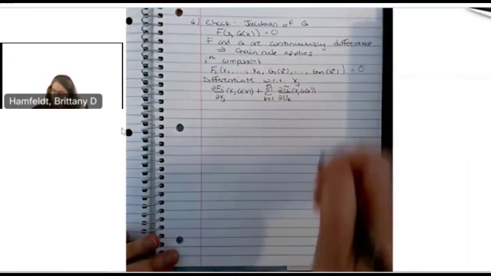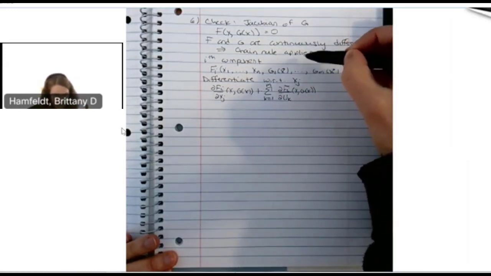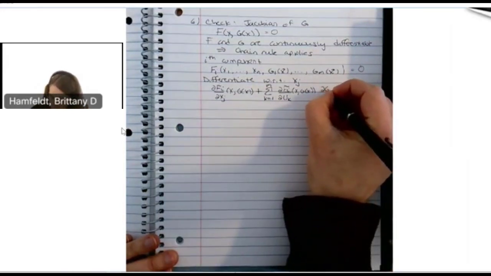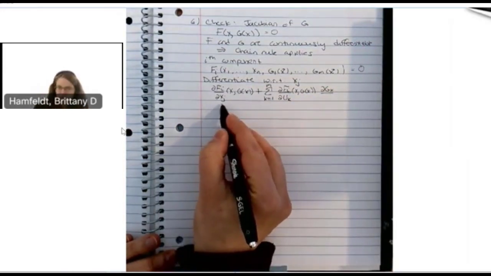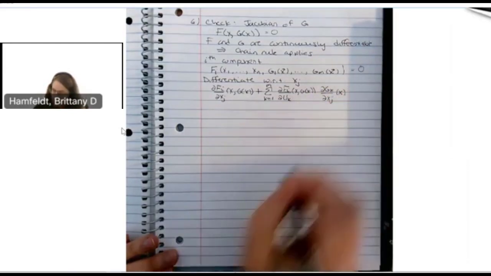And then the chain rule says, now I take the partial derivative of the kth component of g with respect to the variable I actually care about here, xj. Okay, so that is the partial derivative of the left-hand side with respect to xj. The right-hand side is easy to differentiate. Derivative of 0 is 0.